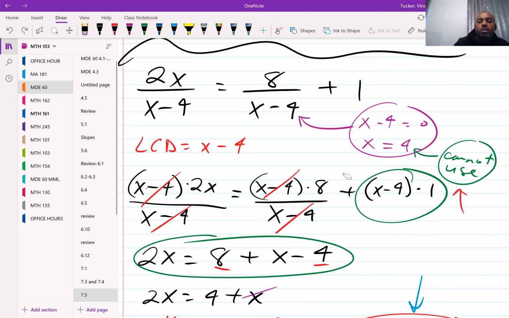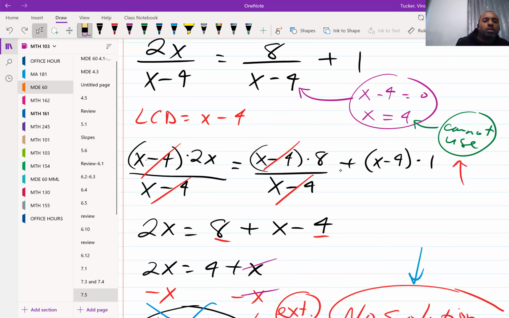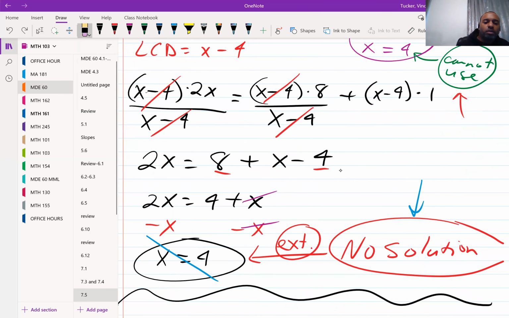So from there, we can combine the like terms. 8 minus 4 is 4. So that'll leave us with 2x equal to 4 plus x. Now subtract x from both sides. That'll give us x equal to 4.